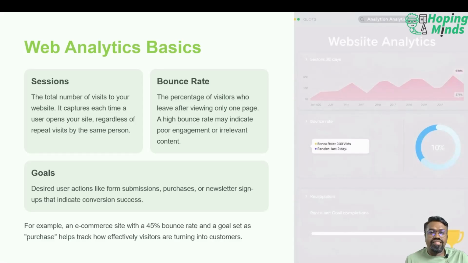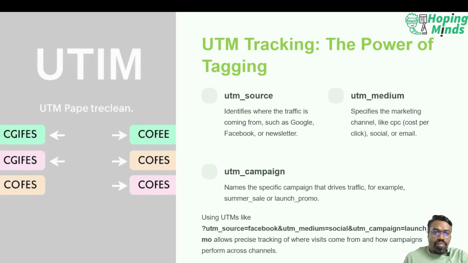All these accumulate into a proper report. Therefore, whenever we are setting up a report, we need to make sure that we mention these parameters. Moving ahead, let's see the important aspect, which is UTM tracking.